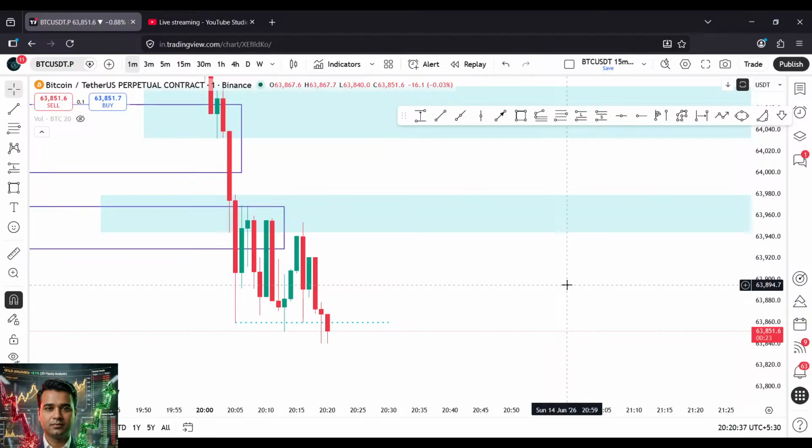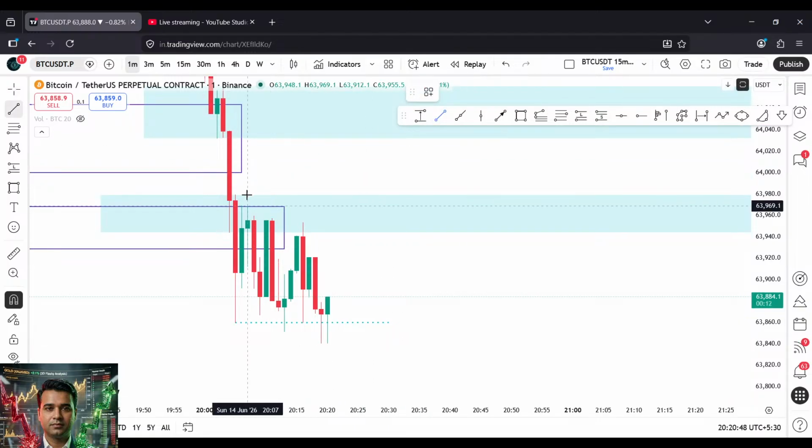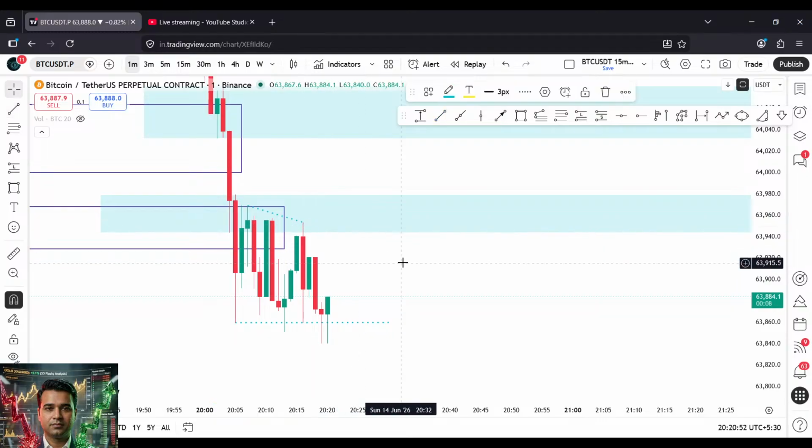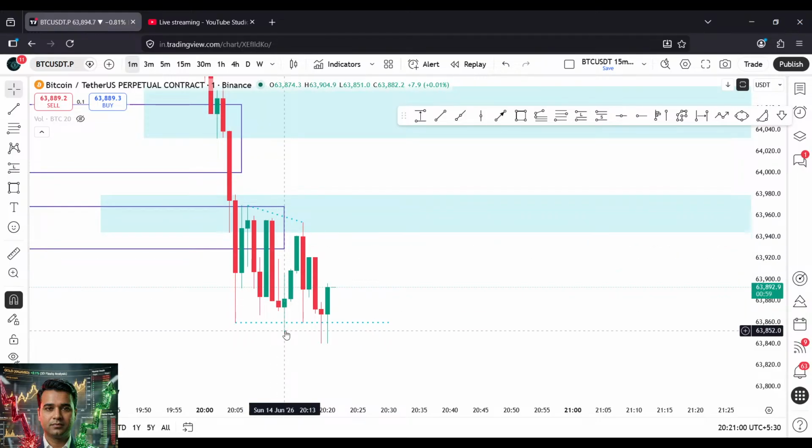Then again to downside. So orders have been transferred from here to here. Goes up, comes down. Yes.